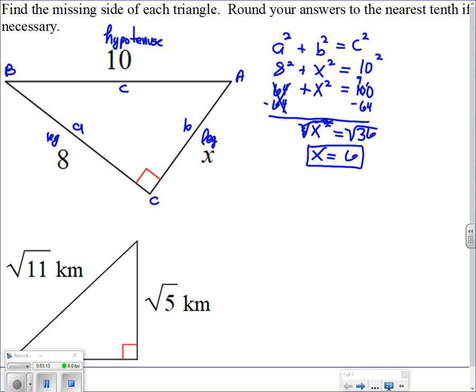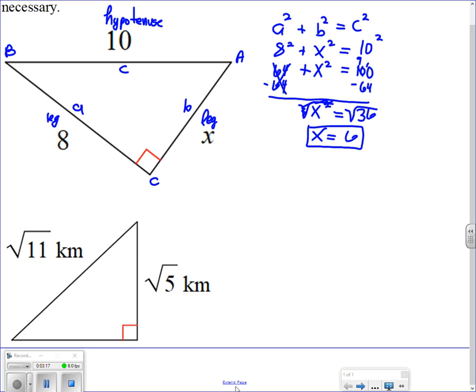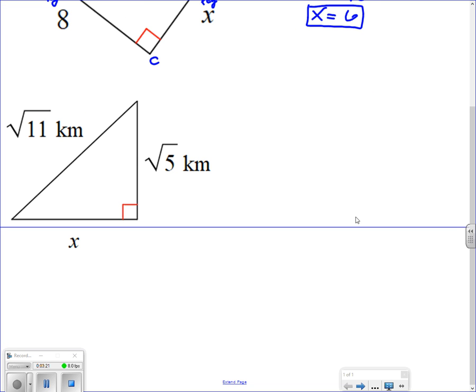Now, if you look at the second example that I have, it is slightly more complicated, and the reason for that is it has radicals. But like before, this side is right next to the right angle, so this will be a leg, and this will be a leg, same reason, and this is opposite to the right angle, so this will be known as the hypotenuse.